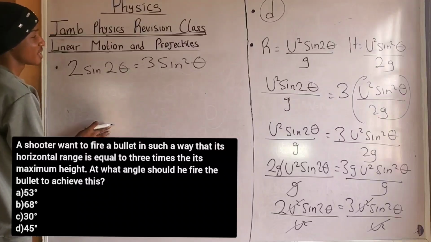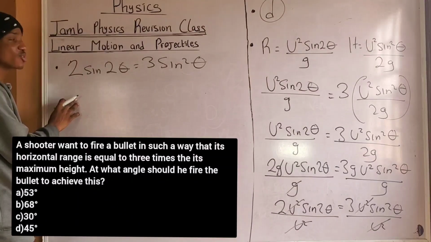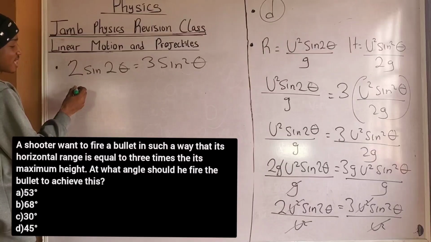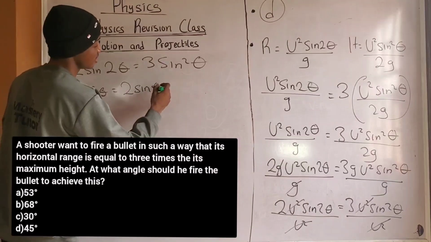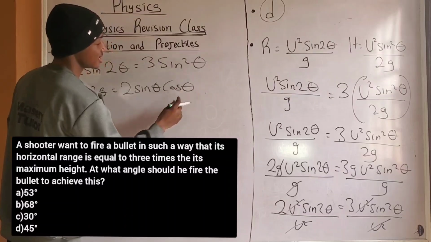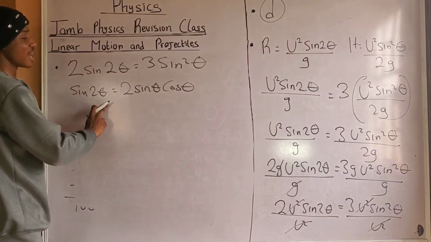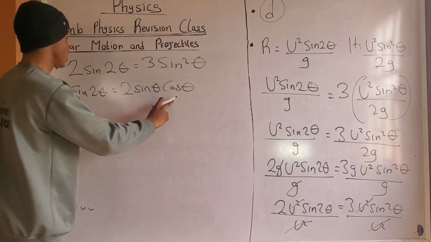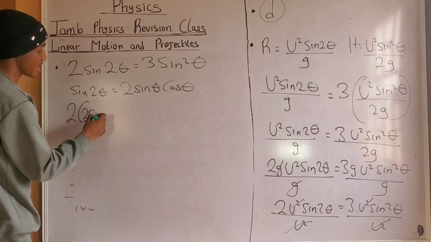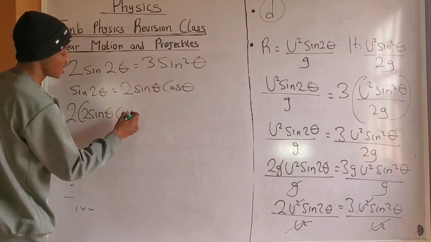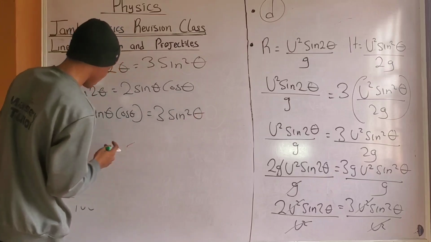Now, don't forget that trigonometry. From trigonometry, you can rewrite sine 2 theta as 2 sine theta cos theta. It's an identity in trigonometry. So here I'm going to have 2 multiplied by 2 sine theta cos theta equals 3 sine squared theta.